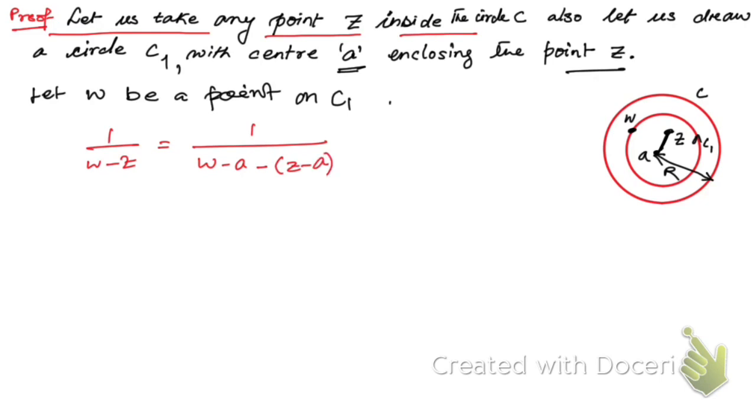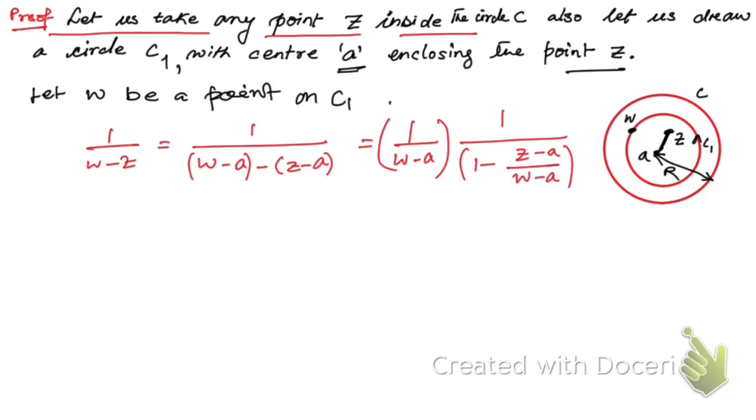So hope you have understood this. Now if we take 1 by w minus a common, then in the denominator we have 1 minus z minus a divided by w minus a. If you multiply this w minus a with this, then again you get this result.